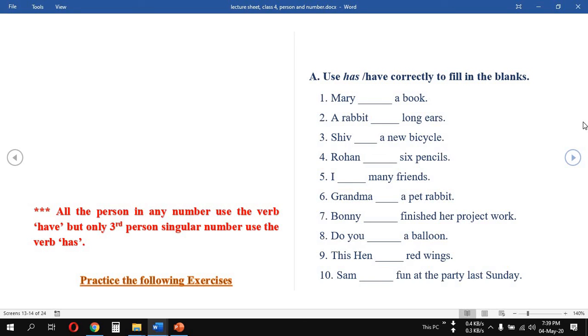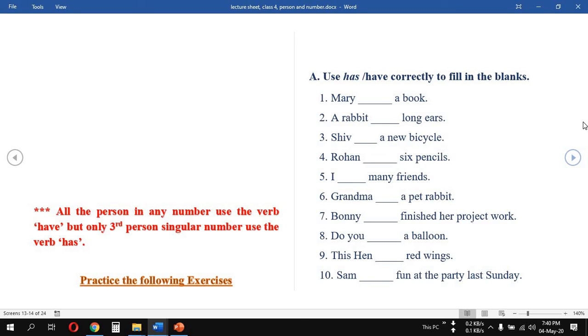Grandma dash a pet rabbit. Here grandma. So we can get the point that it is she, right? The pronoun she we can use for grandma, and she is a third person, right? And it is also a singular number.